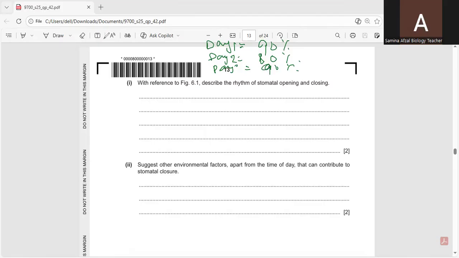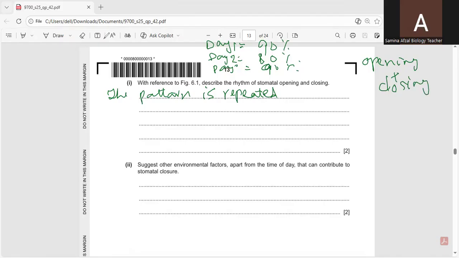So during these days, I would like to say the pattern is opening and closing. So this is the pattern. The first the opening, then closing.